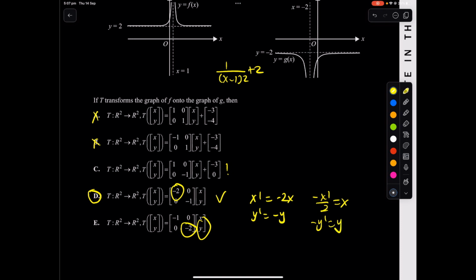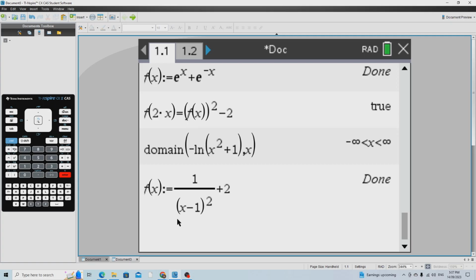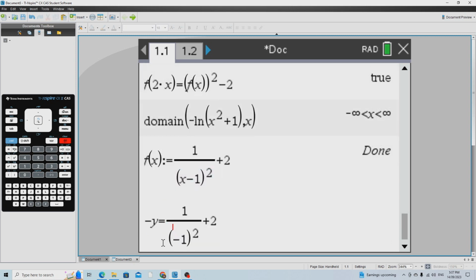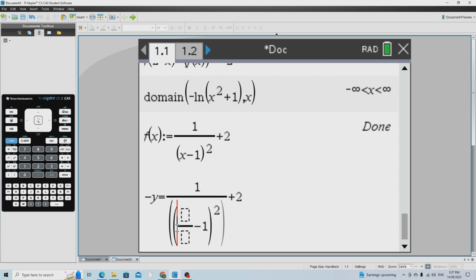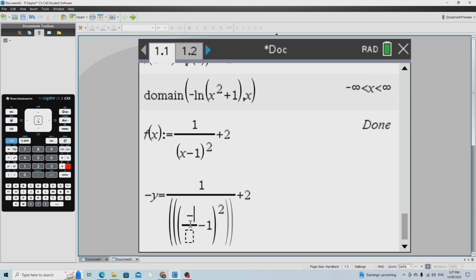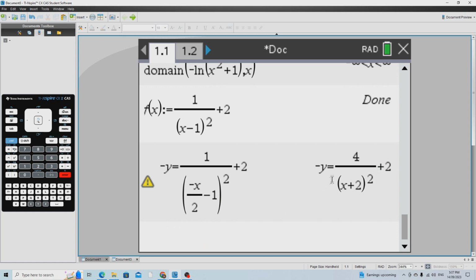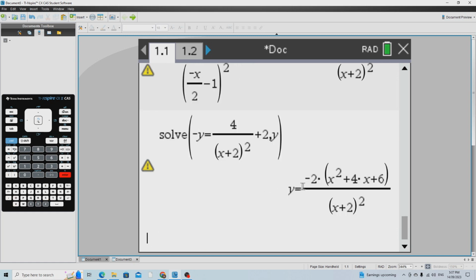So I'm saying that -y equals this function over here, but in here we're putting -x/2. Expand that and we get this, and we want to solve for y. And we get this, and I'm going to graph it.